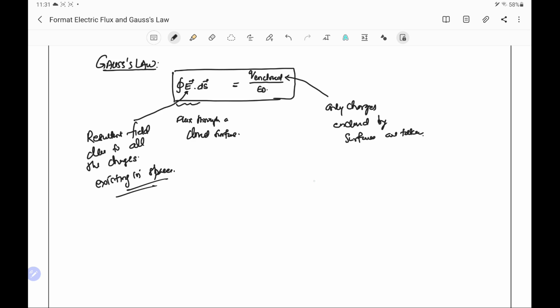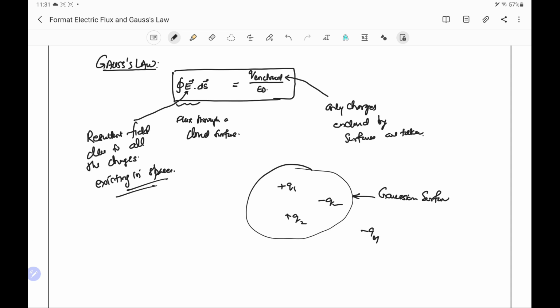For example, if we take some charges plus q1, minus q2, plus q3, minus q4, and we take a Gaussian surface like this, this is called a Gaussian surface, or the surface for which we have to find the electric flux.